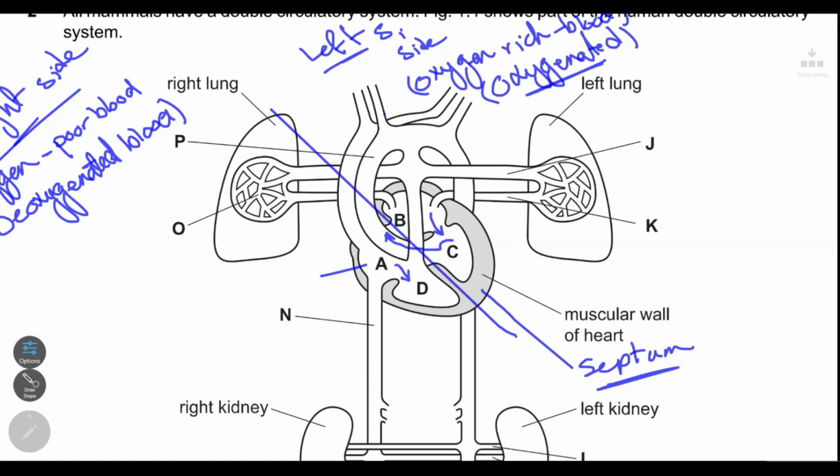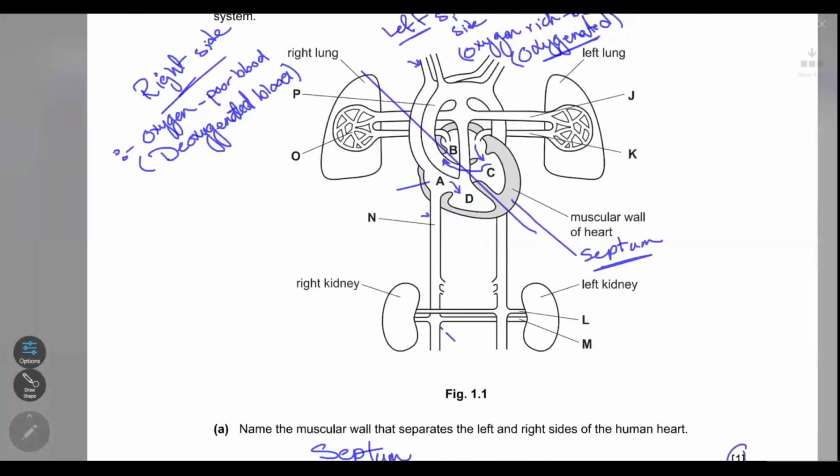And the deoxygenated blood, after those nutrients are used up by the cells, returns through the superior vena cava and the inferior vena cava and drains back into the right atrium. This is the systemic circulation. So we have a double circulation.